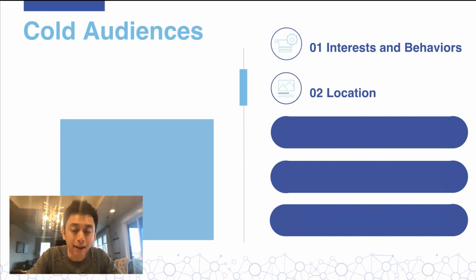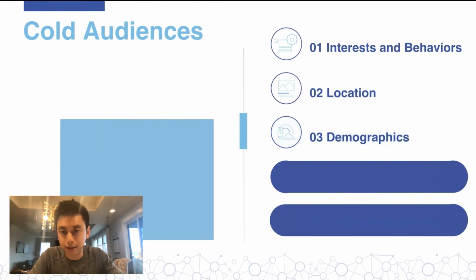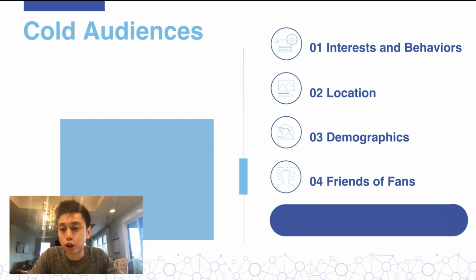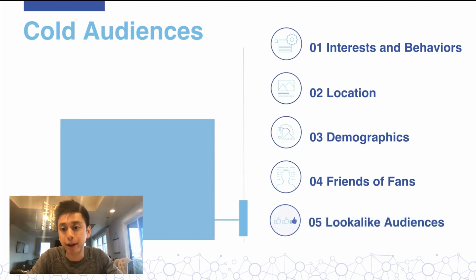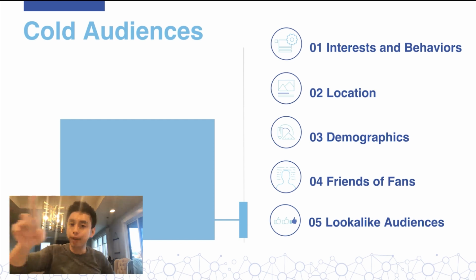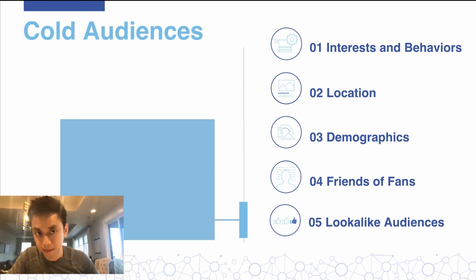Okay, you can create an ad that targets based on where people live. And this is all under, we'll talk about ads after this section, based on their demographics, their age, based on whether they're friends of the people of your fan page, okay, friends of your fans. And finally, look-alike audiences, people that look like a specific audience. Okay. Now, all these types of audiences are basically people who don't know who you are just yet.